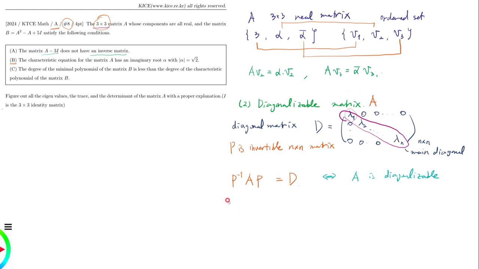So one caution is that an invertible matrix does not guarantee it is diagonalizable.